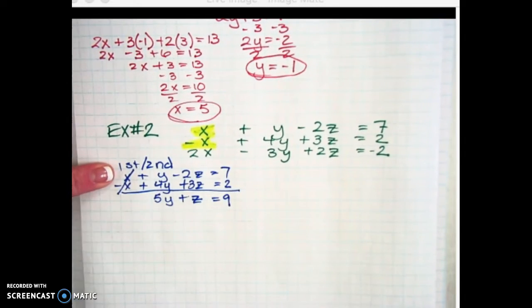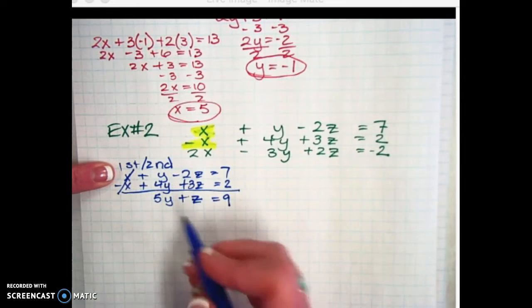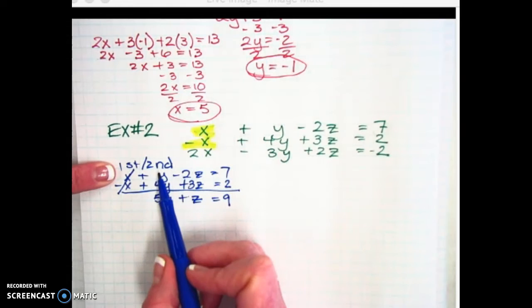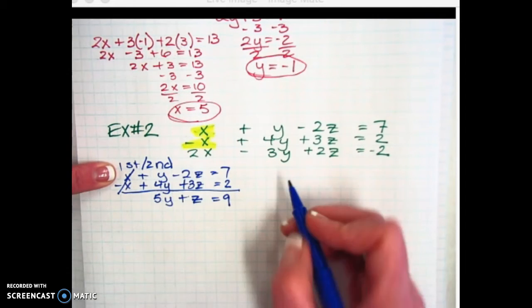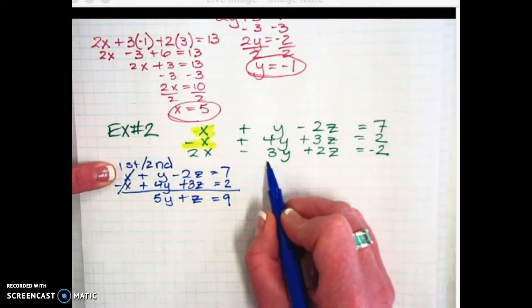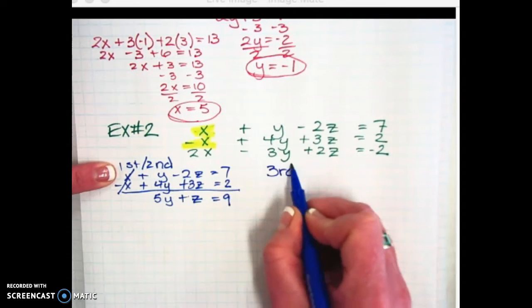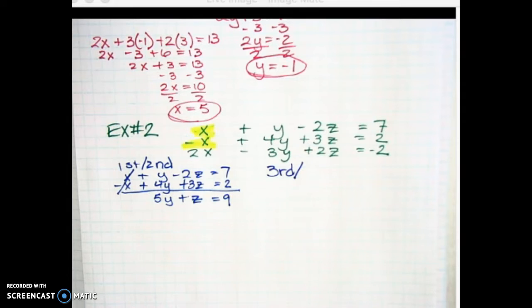Now, I need another equation to get down to 2 variables. Okay? I have to use the equation that I haven't used yet. So I've used 1 and 2. I have to use the third, and then I have a choice of using either the first or the second. Okay? Whichever one's easier to eliminate the same variable I just eliminated.